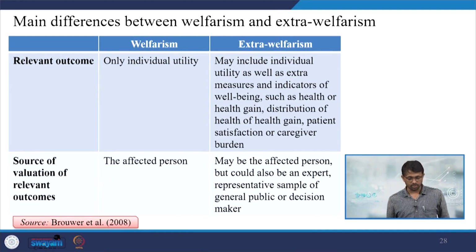In welfarism, we target individual utility, whereas extra-welfarism may include individual utility as well as extra measures and indicators of well-being, such as health gain, distribution of health, patient satisfaction, caregiver burden, etc. The source of valuation is the affected person in welfarism, whereas for extra-welfarism it could also be an expert, a representative sample of the general public, and decision makers.